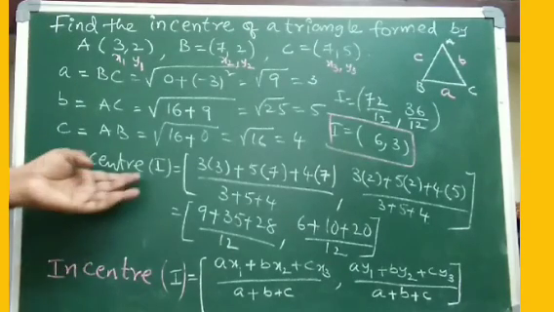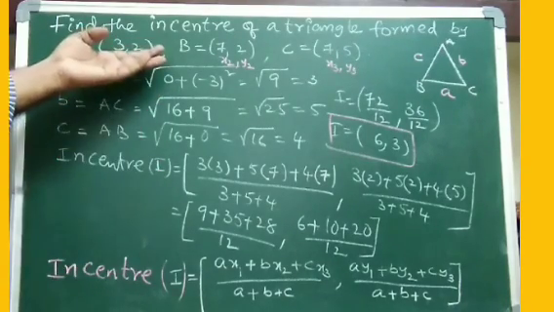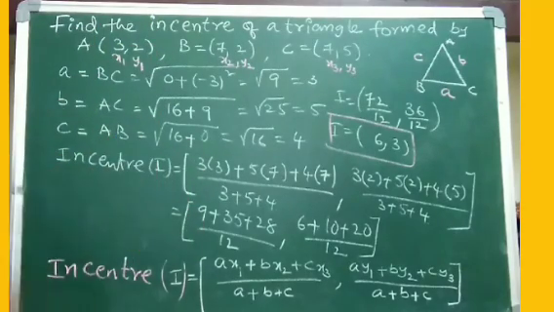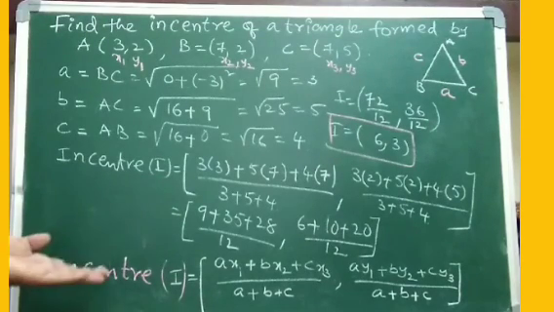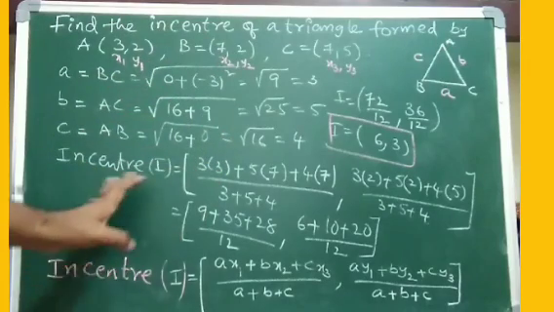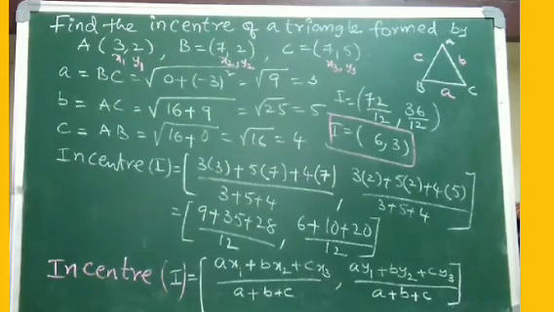So if you want to find the incenter of an equilateral triangle, no need to find the incenter, it is enough to find the centroid. The centroid is itself the orthocenter, itself the circumcenter, itself the incenter. That is the advantage with an equilateral triangle. If it is not an equilateral triangle, then this is the concept and this is the formula you need to follow.